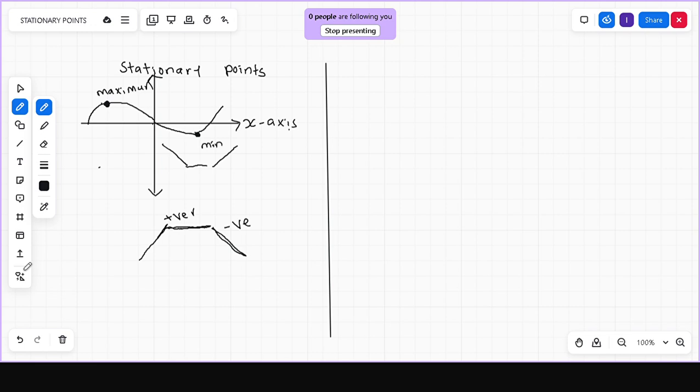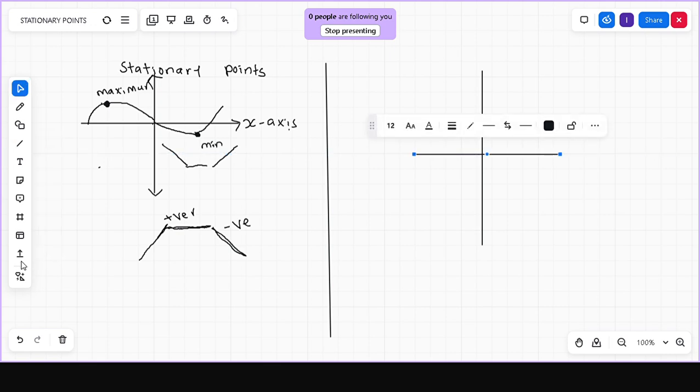Then you also have such kinds of curves, let me draw it here. This is the y-axis, then we have the x-axis.